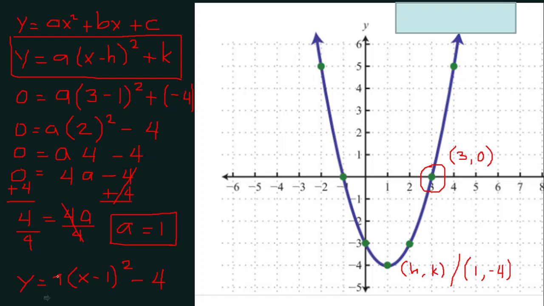And since 1 here is the numerical coefficient of this, the 1 becomes an imaginary number. So let's go ahead and remove 1 from this. So there you have it. This will be our quadratic equation for the given graph.